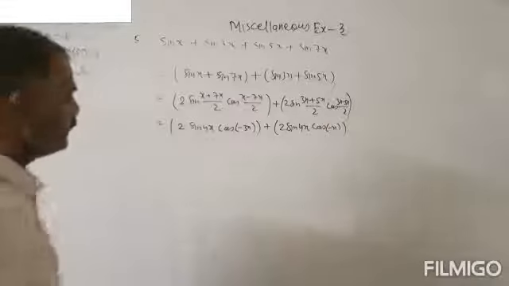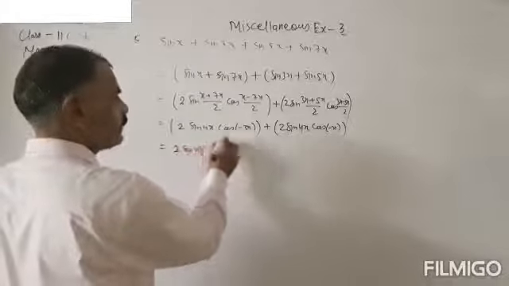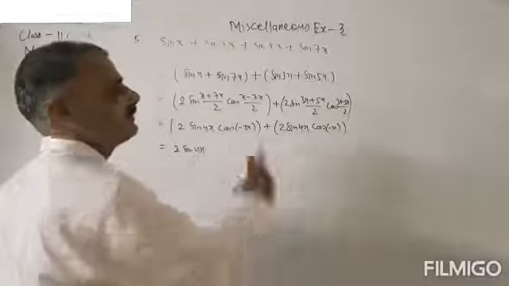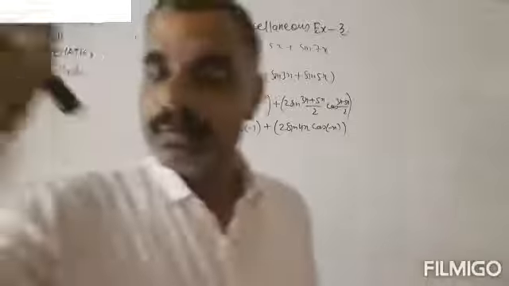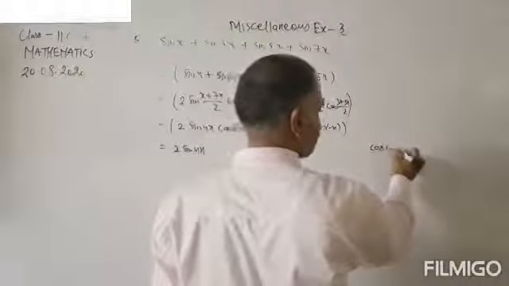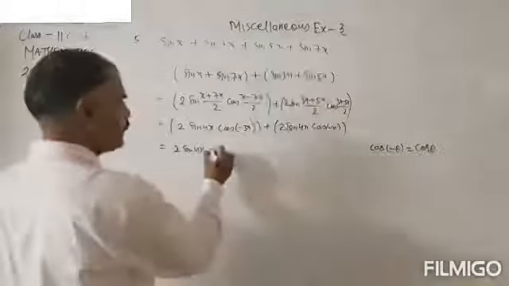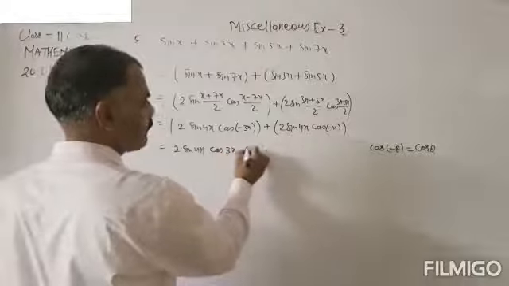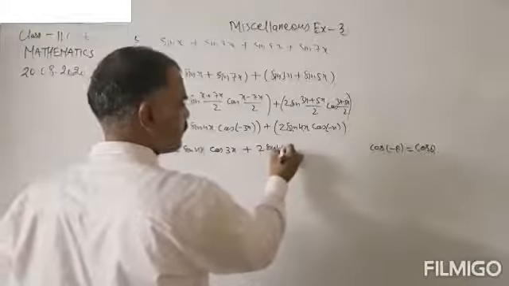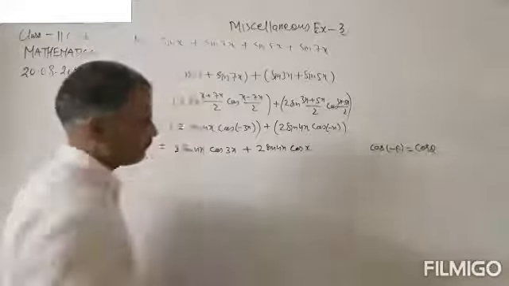This is equal to 2 sin 4x cos 3x plus 2 sin 4x cos x, since cos minus theta is cos theta.